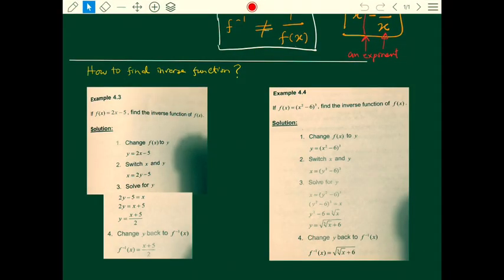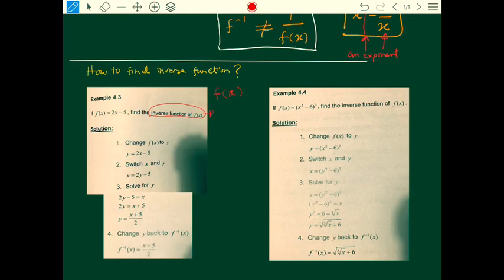Here we are. In this example, the question asks you to find the inverse function of f(x), right? So f(x) is 2x minus 5. So how are we going to solve this? The original question is f(x), and it asks you to find the inverse function of f(x).